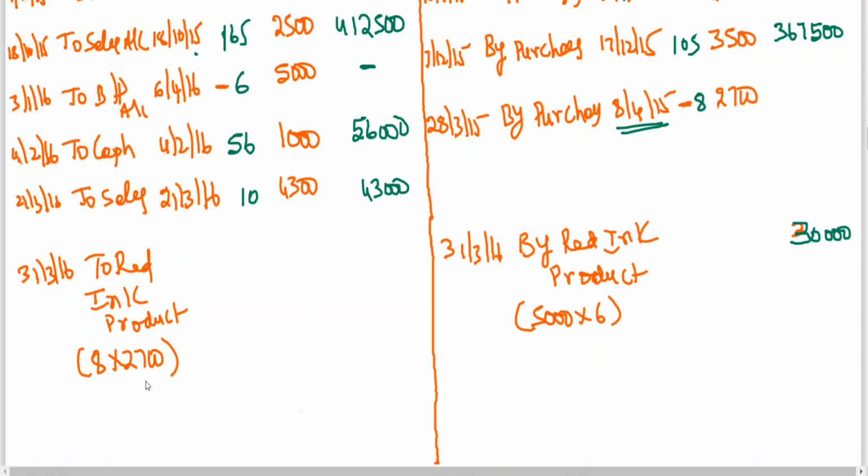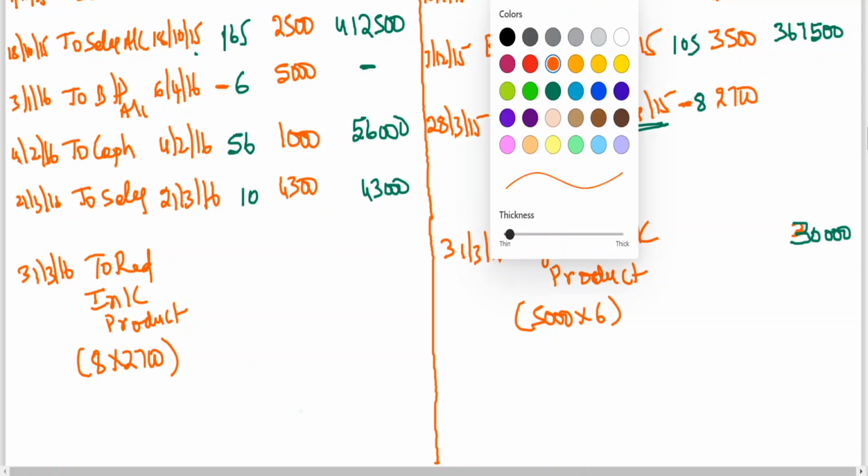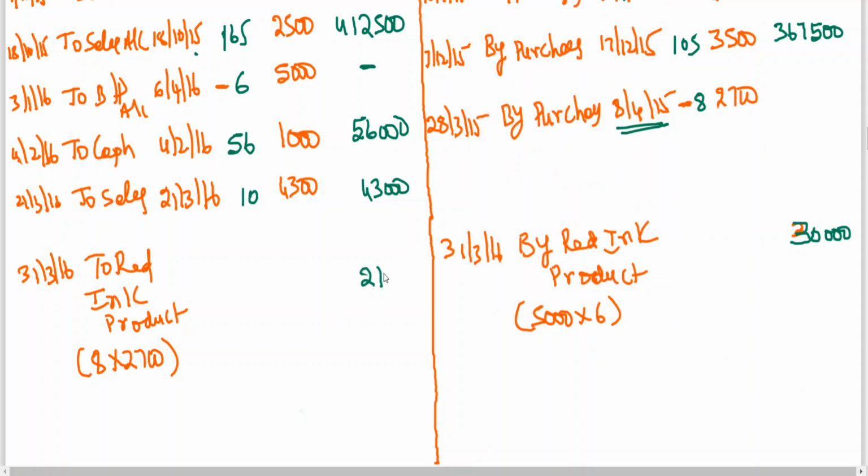It is coming to 21,600. So credit side negative goes to the debit side, and then you can do it the normal way.